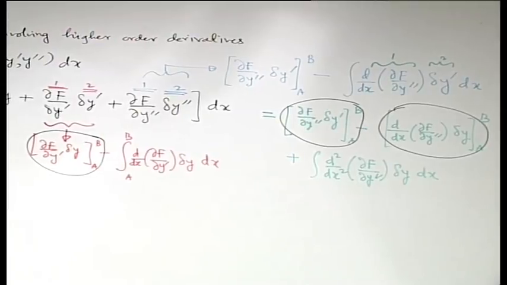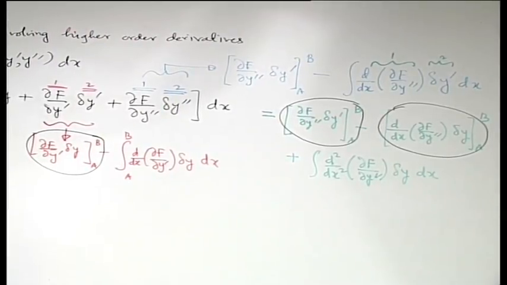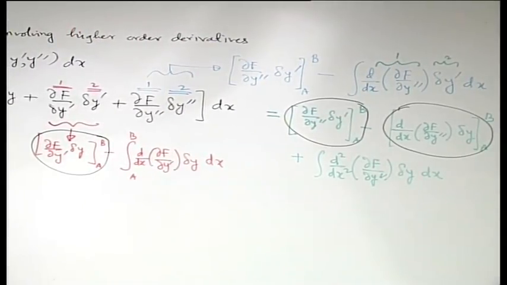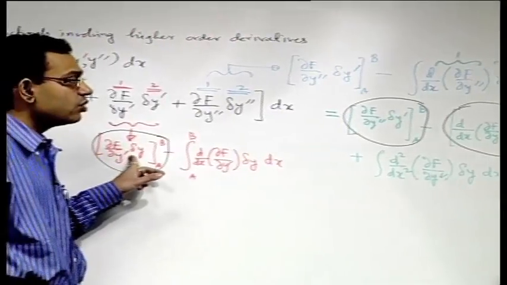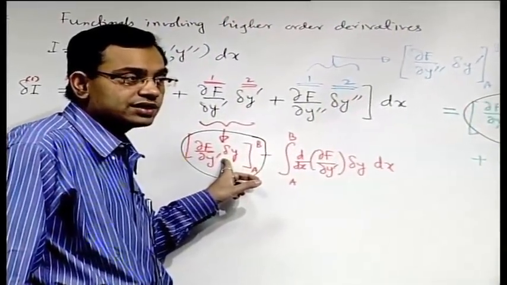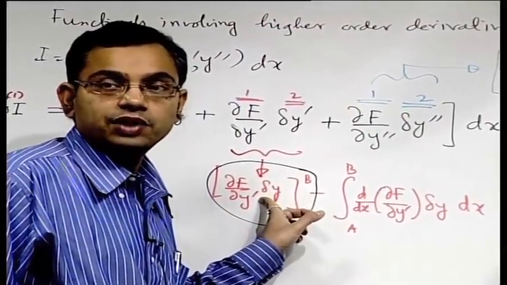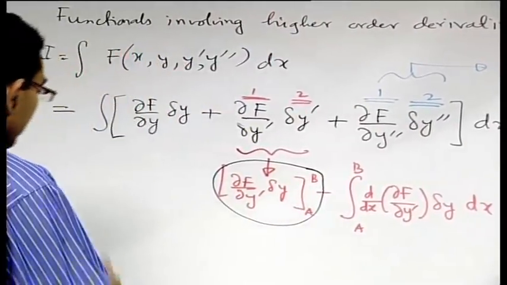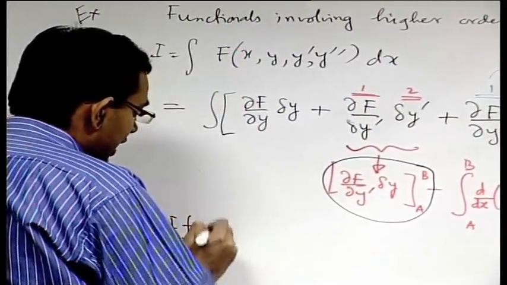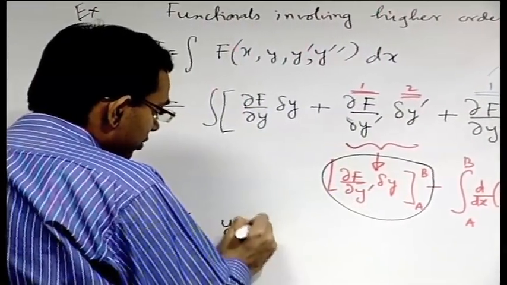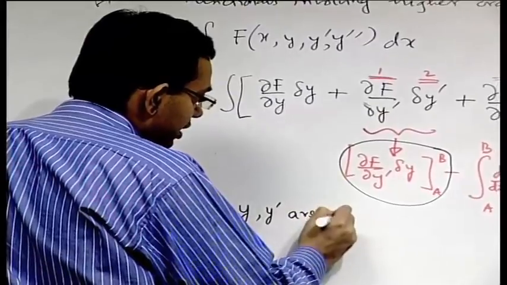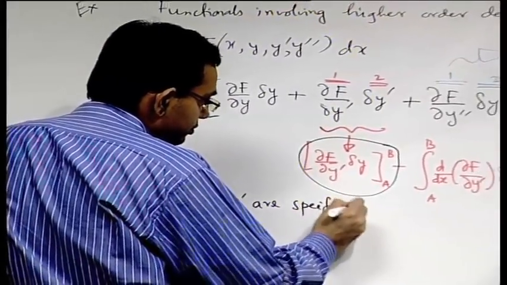These boundary terms are identically 0 when delta y and delta y prime are 0. That means y and y prime are both specified at the points A and B. So, let us assume that that is the case, if y, y prime are specified at A and B.